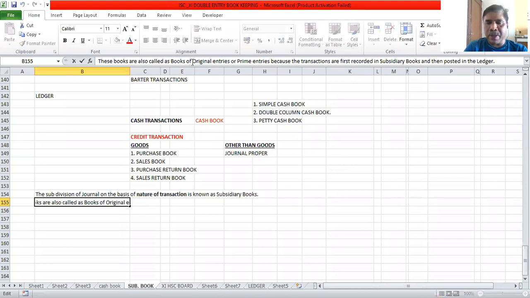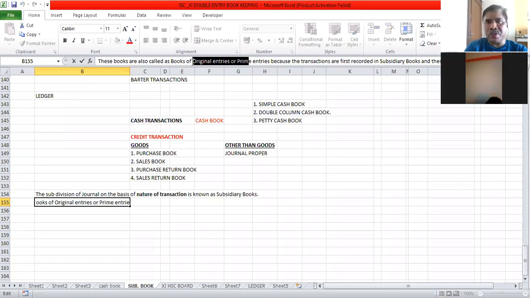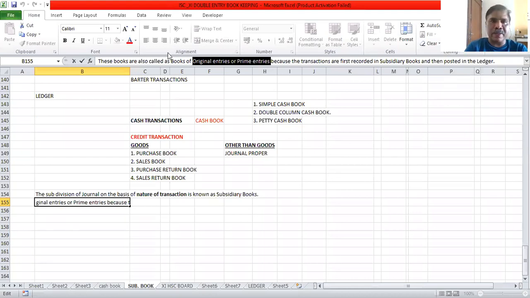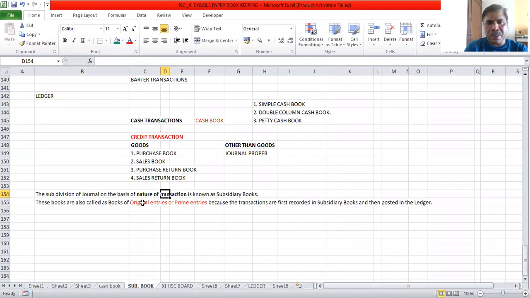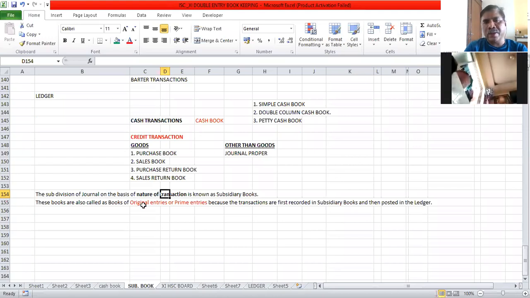What does original entries and prime entries mean? The book where we record for the first time, we call it the book of original entries and prime entries. That books are called original and prime entries. So the subsidiary book is also called original entries or prime entries.